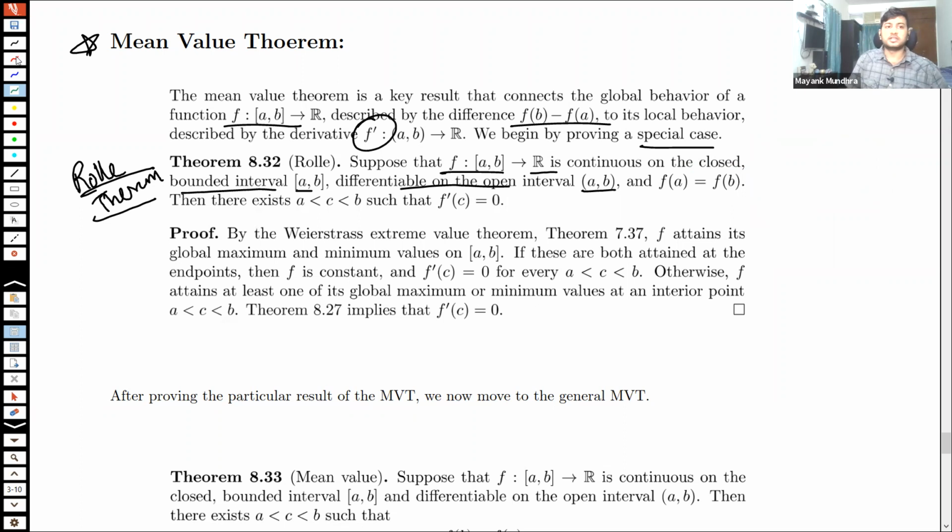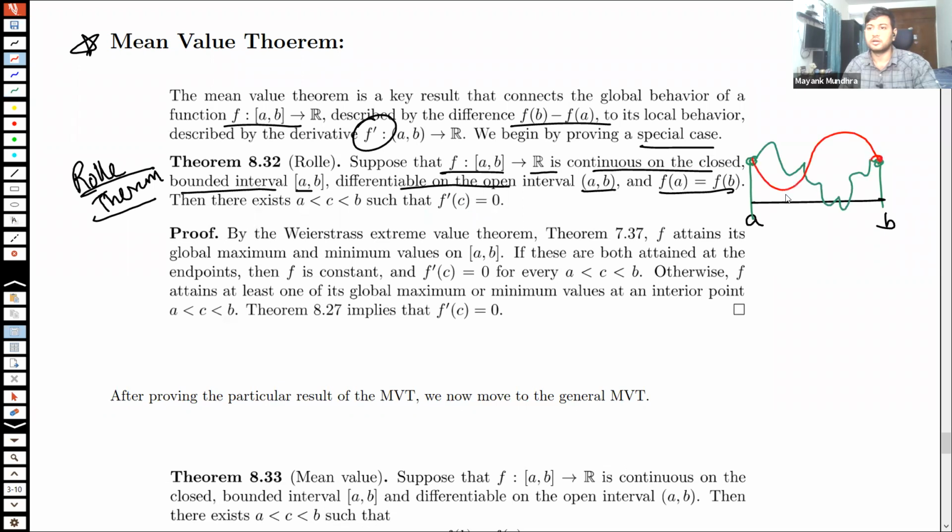Then what it says is, there exists a point between a and b such that the function is stationary at that point. I should not have deleted this, let me bring it back. As you can see, in the blue curve, at this point you have f prime 0. In the red curve, at these 2 points you have f prime 0.